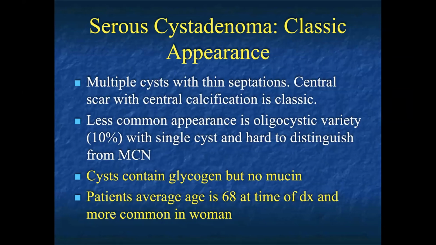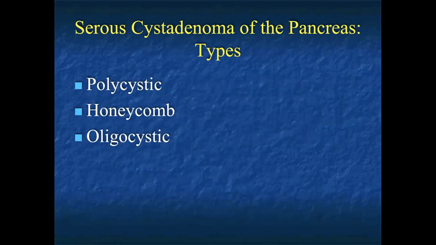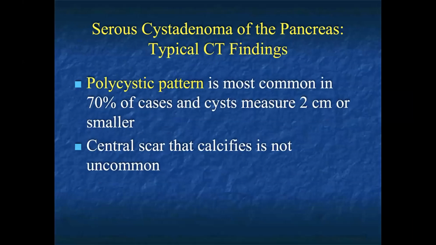If you sample the fluid, it's glycogen and not mucin. Patients who have mucinous tumors, those are the ones you worry about malignancy. Patients with glycogen but no mucus, there's no malignant potential. Okay, very important. And again, 3 descriptions: polycystic, honeycomb, and oligocystic, with the polycystic the most common appearance.